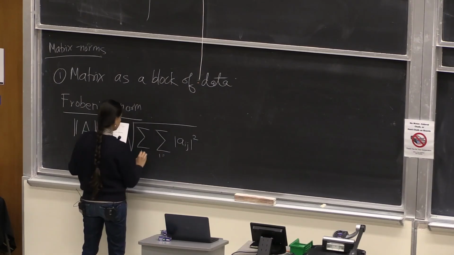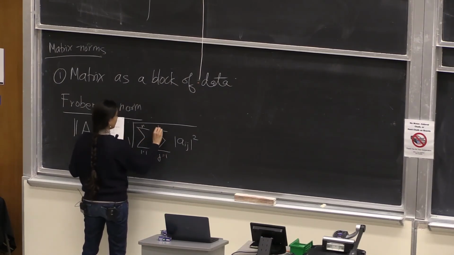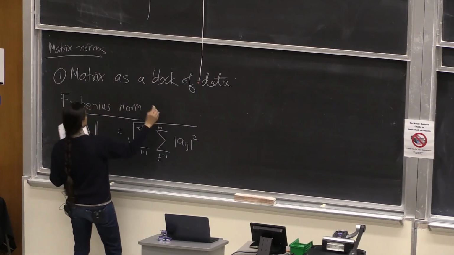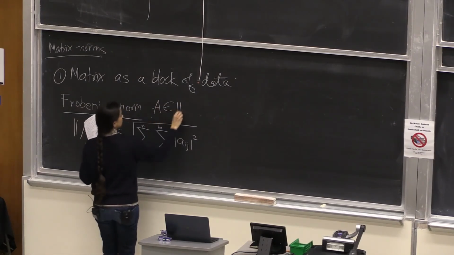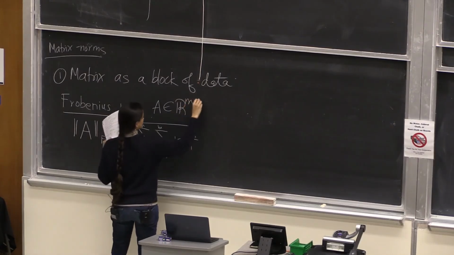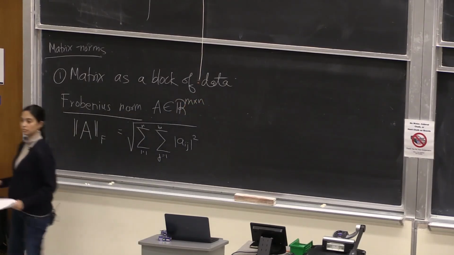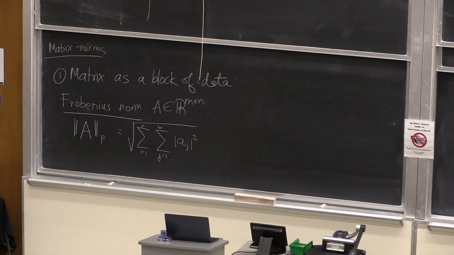I will go from 1 to n, and j will go from 1 to m, let's say for A. So I'm basically doing exactly what I would do for the norm of a vector.